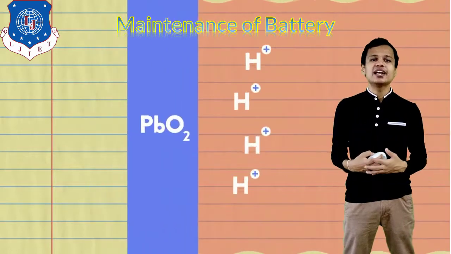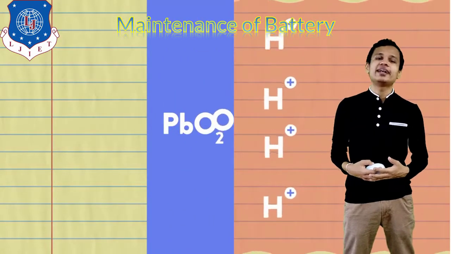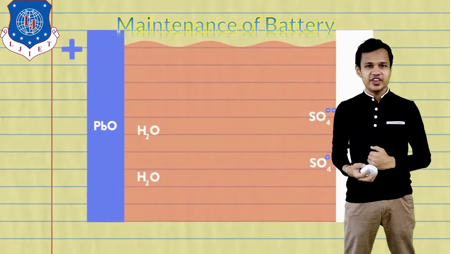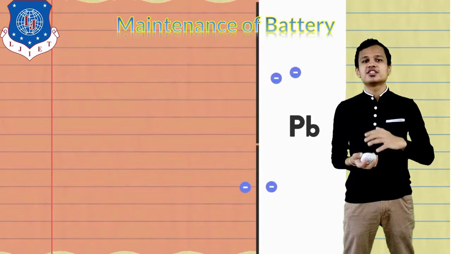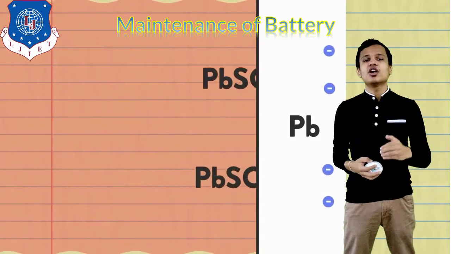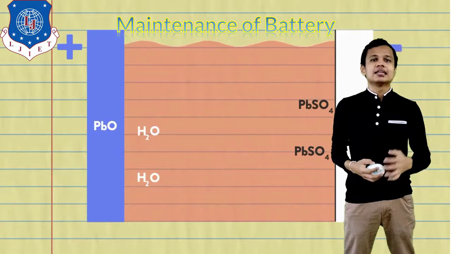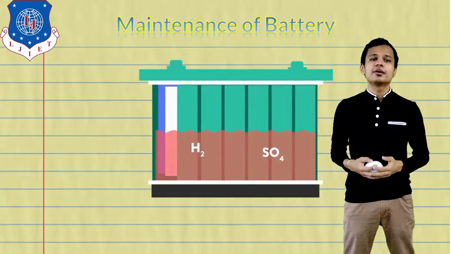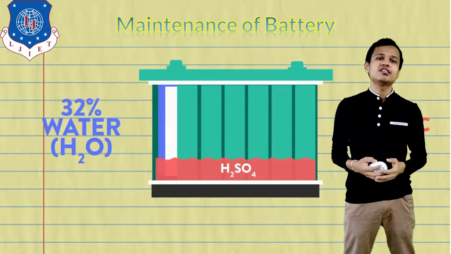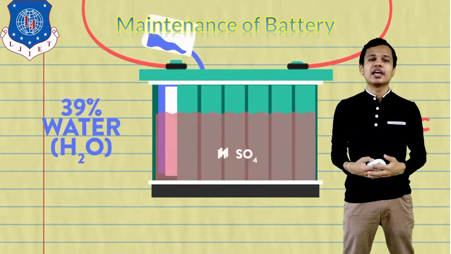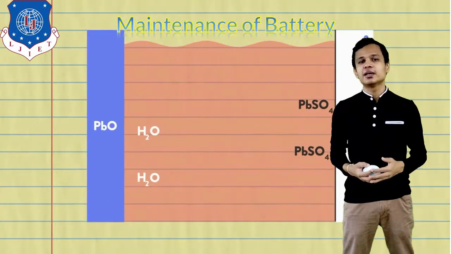But with time, there is a chance the battery gets faulty, or the specific gravity of the solution in the battery is not at the required value, or the water gets absorbed and the level of the water is reduced, as you can see. So to maintain that level again, water is refilled in the battery.